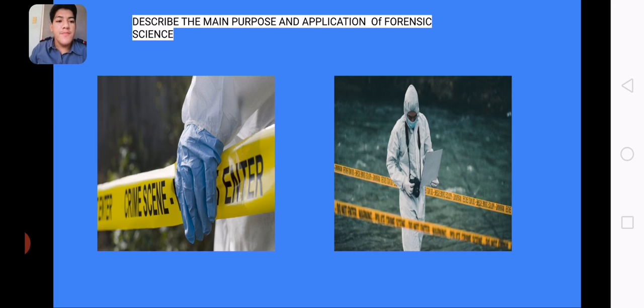In addition, the application of forensic examination and analysis could turn any of these exhibits into a potential means of solving the crime.